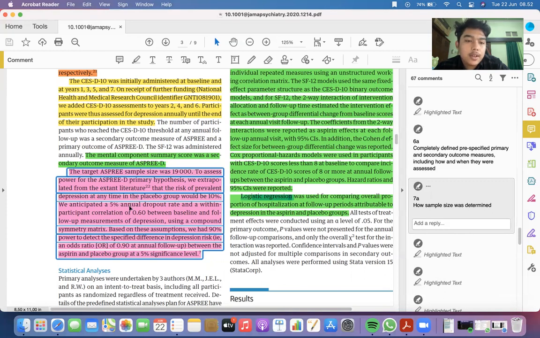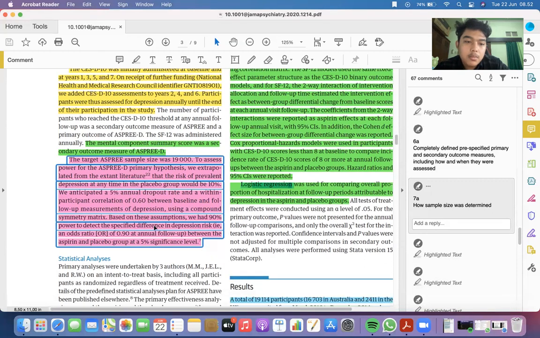We anticipated a 5% annual dropout rate and within-participant correlation of 0.60 between baseline and follow-up measurements of depression using an uncommon symmetry matrix. Based on this assumption, we have 90% power to detect the specified difference in depression risk, i.e. an odds ratio of 0.9 at annual follow-up between the aspirin and placebo group at a 5% significance level.